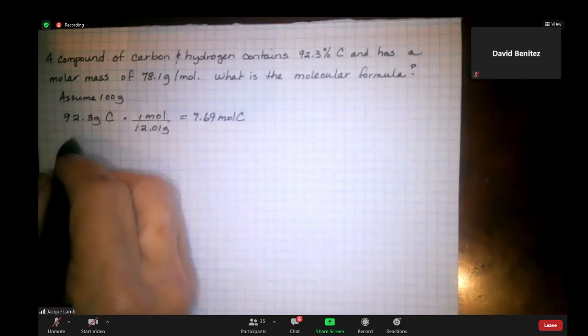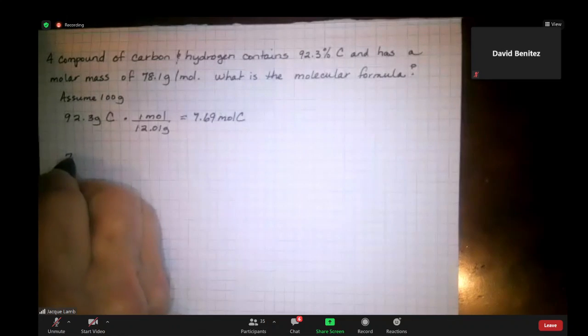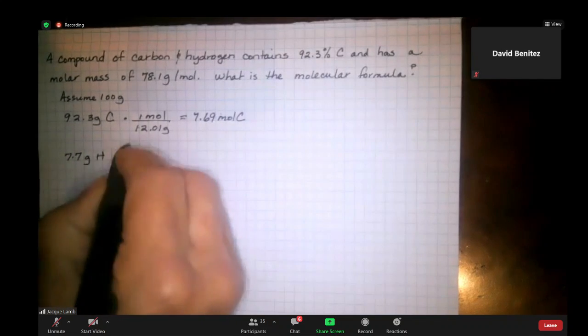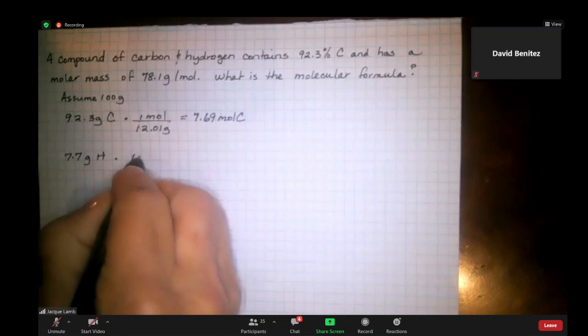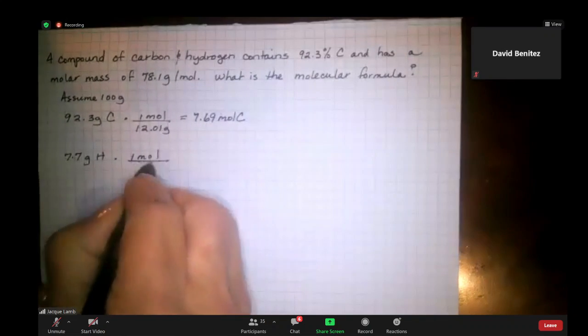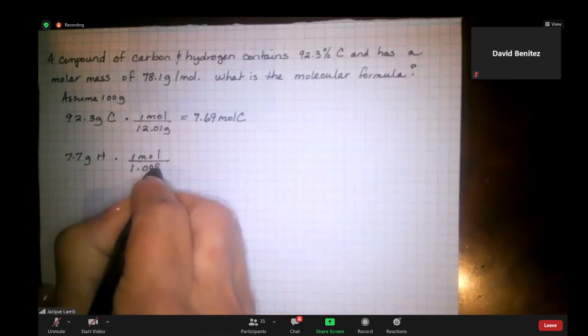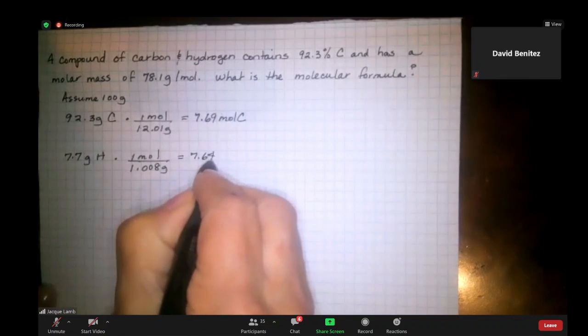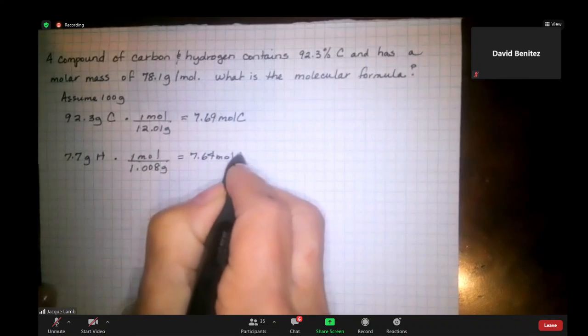The balance of the percentage is 7.7, and that's 7.7 grams of hydrogen times 1 mole per 1.008 grams, and that equals 7.64 moles of hydrogen.